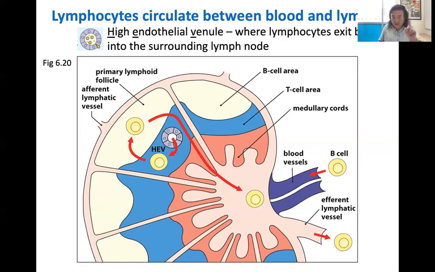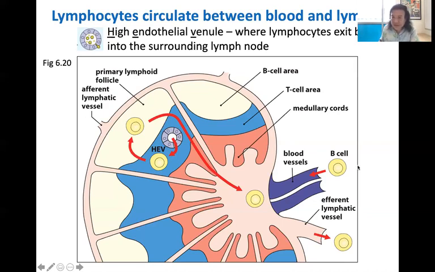The way the cartoon's drawn is kind of weird because imagine these dark blue purple vessels are actually coming up behind the lymph node in this cartoon, and then they're entering the lymph node from behind over here. And here you see that purple blood vessel cut in a cross section, because it's coming through the screen at you.